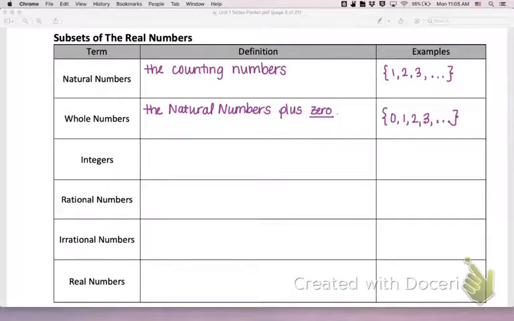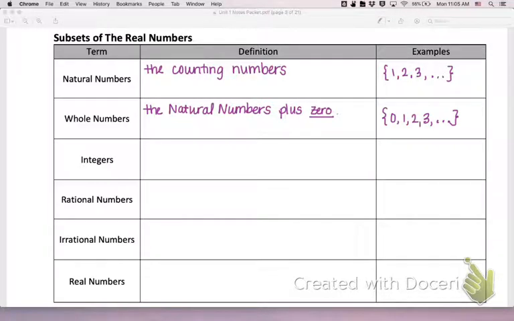So the natural numbers and the whole numbers only differ by one element. Natural numbers is the smallest set of all of these, okay? Now, we do use symbols to represent these, which makes our life a little bit easier sometimes. To name these specific real number sets, you're going to see that we use these double-barred letters, okay? So it's like a fancy way of printing.